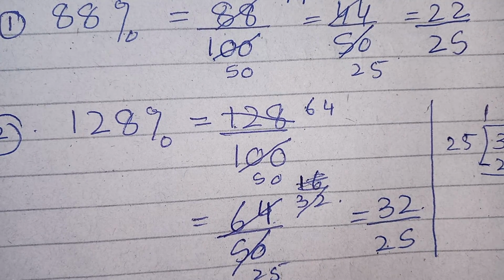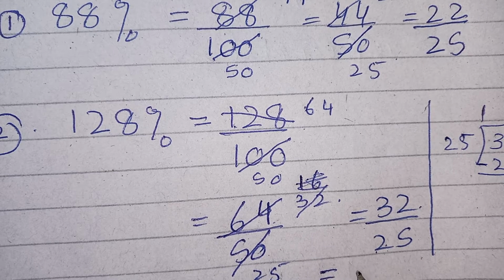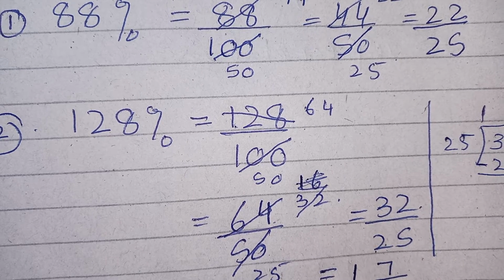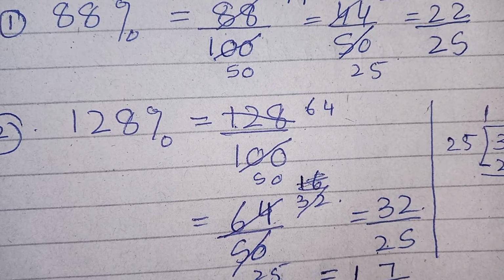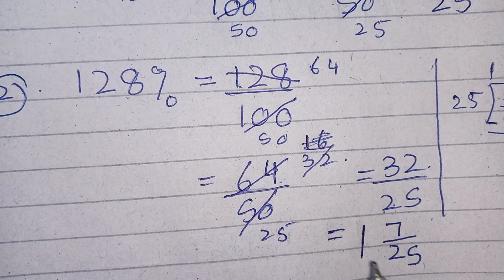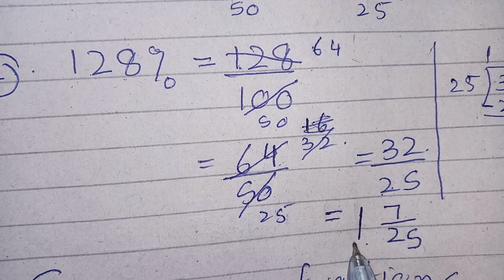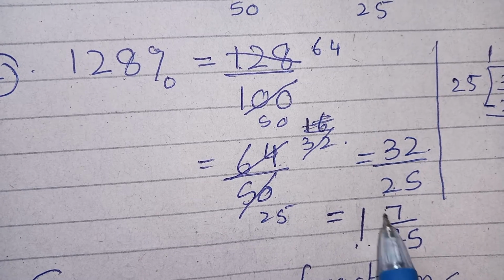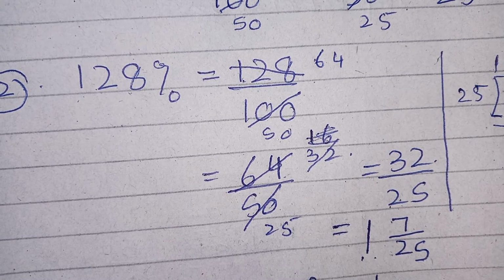So your final answer will be in the mixed fraction form: one whole number and 7 upon 25. So 128% is expressed in the mixed fraction form as one whole number 7 upon 25.